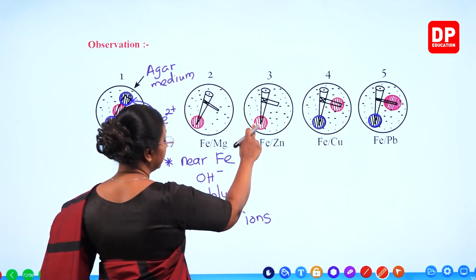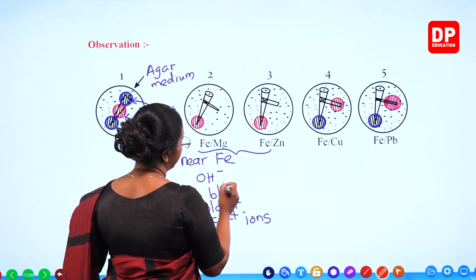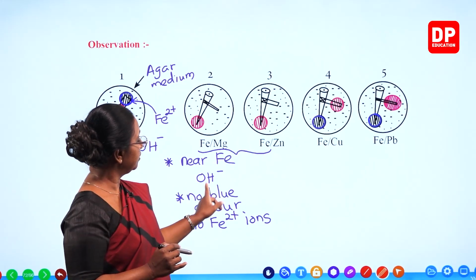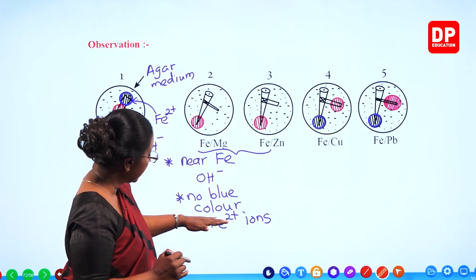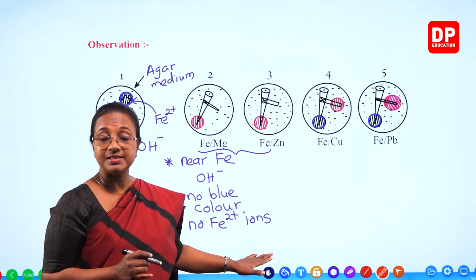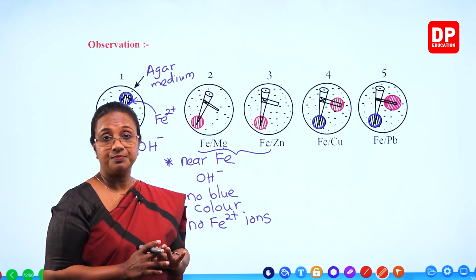Same thing here. In both of these, it's the same. Here also near iron, you get the OH- ions. That is why the pink color region. And there is no blue color. That means there are no Fe2+ ions. That means iron has not been oxidized.